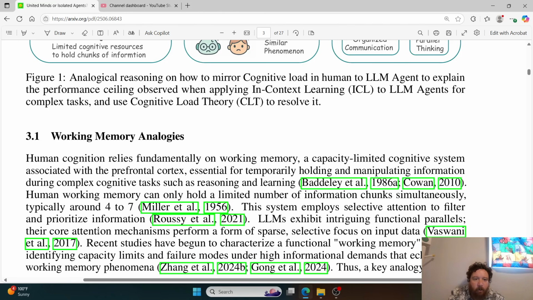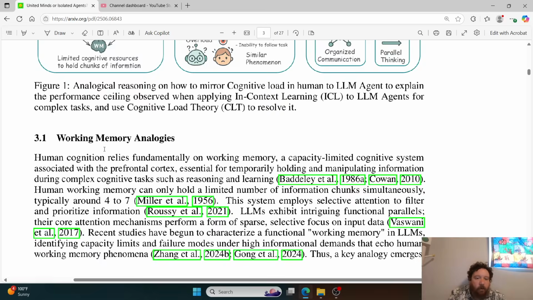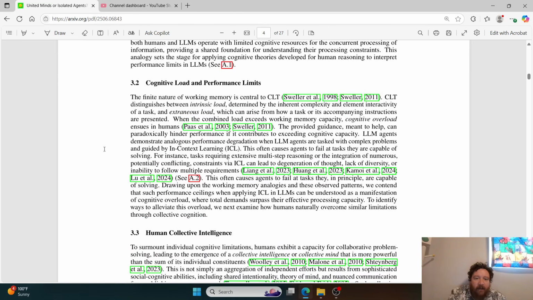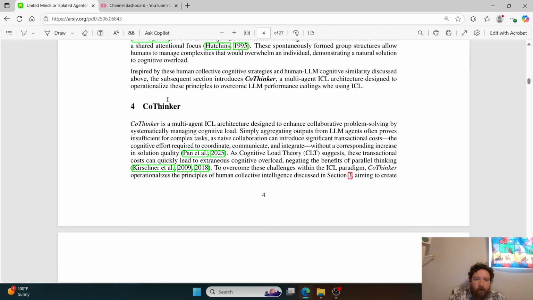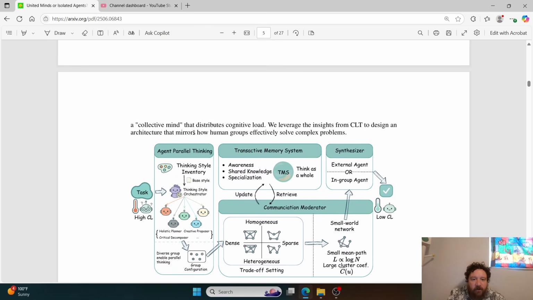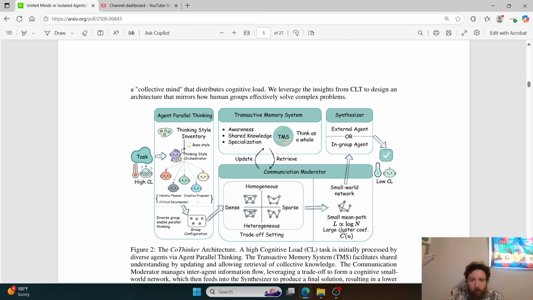That working memory architecture is the important element, and it allows them to be what they call a co-thinker, which is just that multi-agent architecture where you have this parallel thinking process and this synthesized thinking, where they're both generating the outputs. You get a bigger latent space overall, and a different latent space.